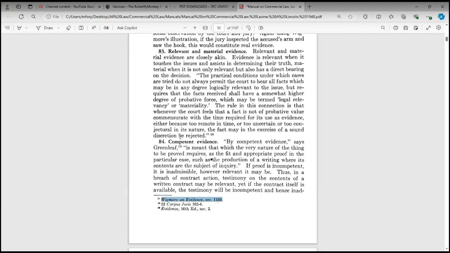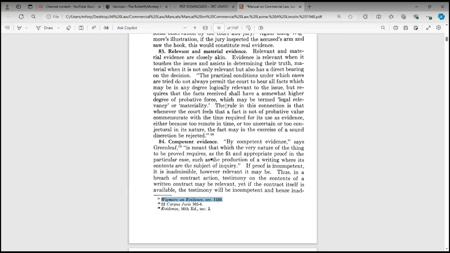The rule in this connection is that whenever the court feels that a fact is not of probative value commensurate with the time required for its use as evidence, either because too remote in time or too uncertain or too conjectural in its nature, the fact may, in the exercise of a sound discretion, be rejected.